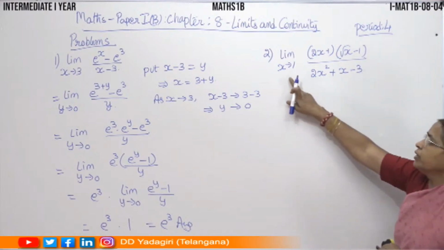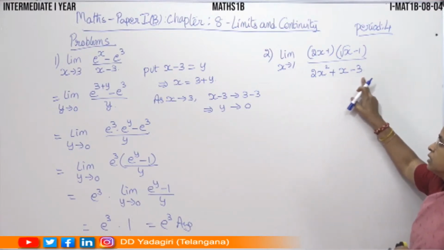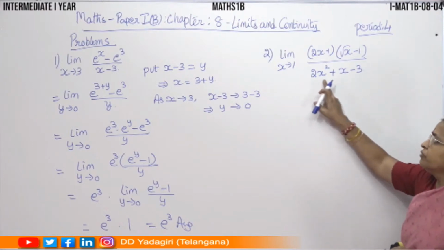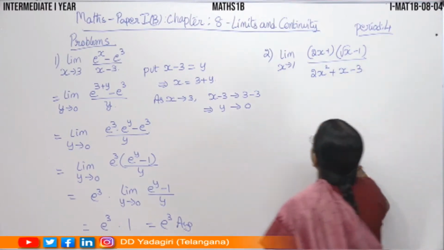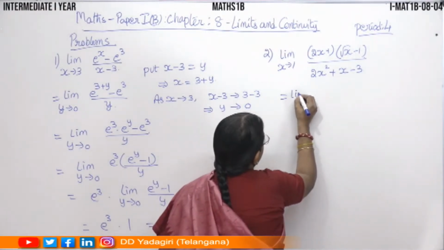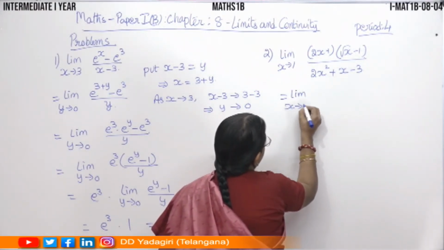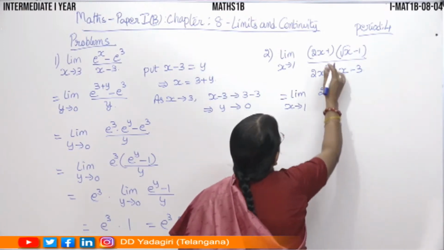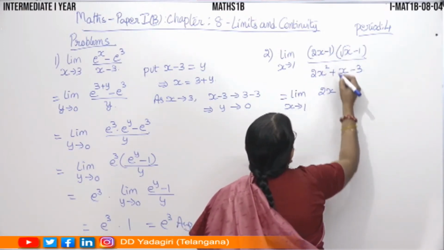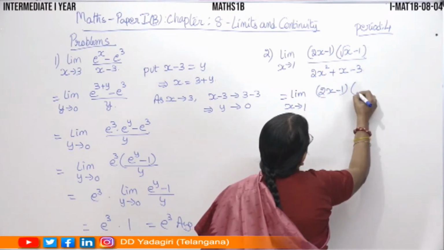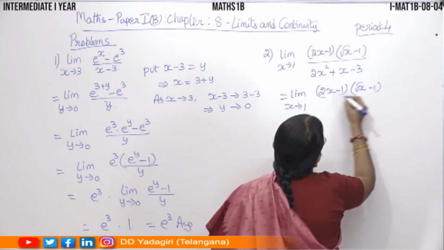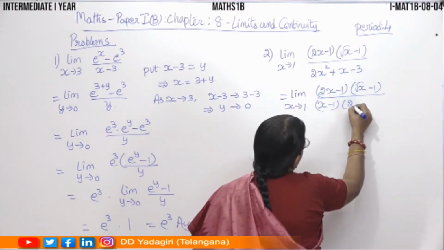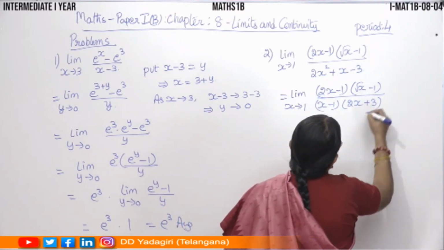So when you put x as 1, this is 0. It means x minus 1 is a factor of this. So find the factor. It is equal to limit x tending to 1 of (2x minus 1) into (root x minus 1) by (x minus 1) into (2x plus 3). This is the other factor.